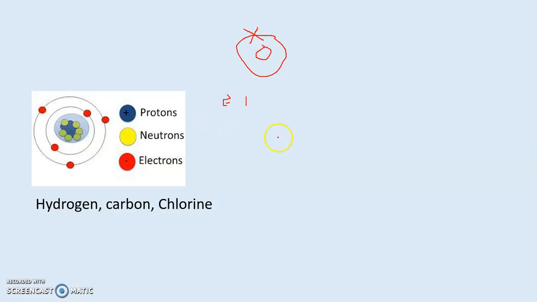So let us draw them. This is a nucleus, which contains protons and neutrons. The first shell consists of 2 electrons.